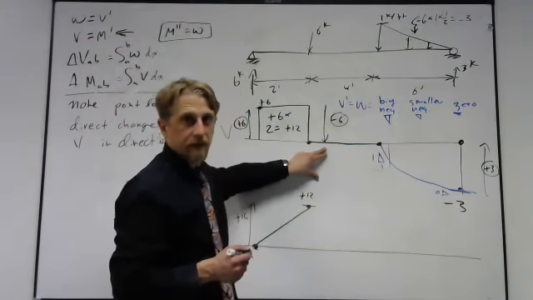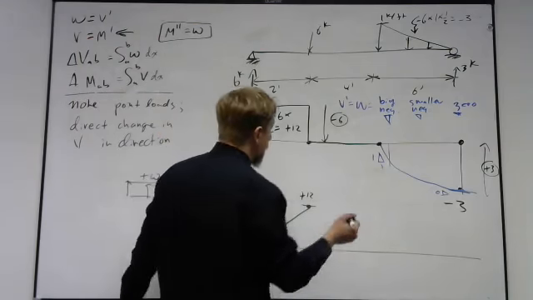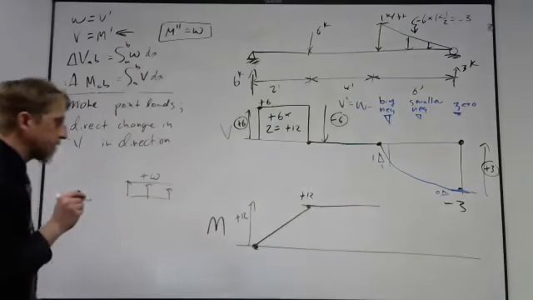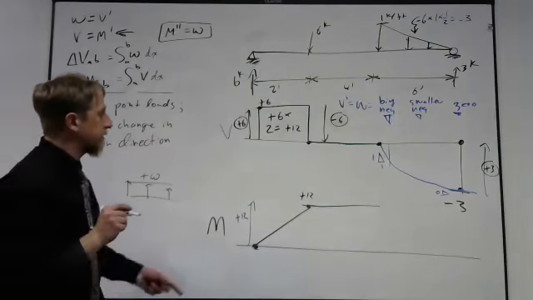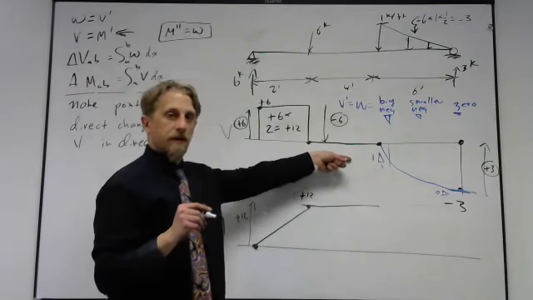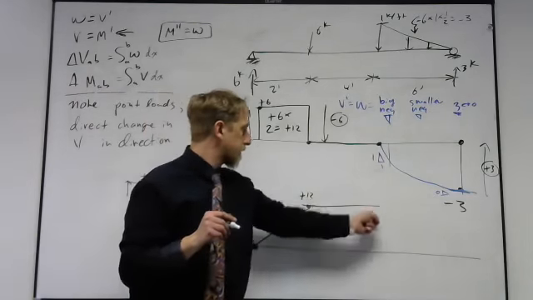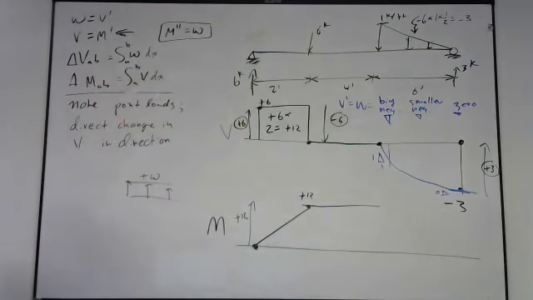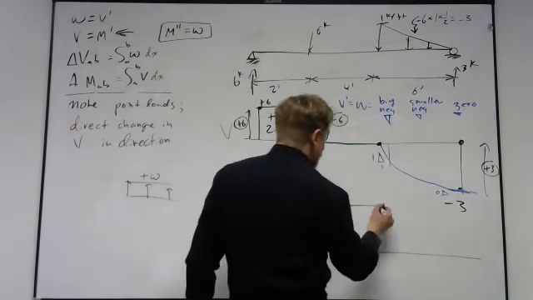Well, there's no area here, so there's no change. The other way to argue that too is that, well, V is the slope of M. V is 0 here, the slope of M is 0, so it should just go straight across, which is the same thing as saying that there's no change. Okay, so I'm still at positive 12 over here.